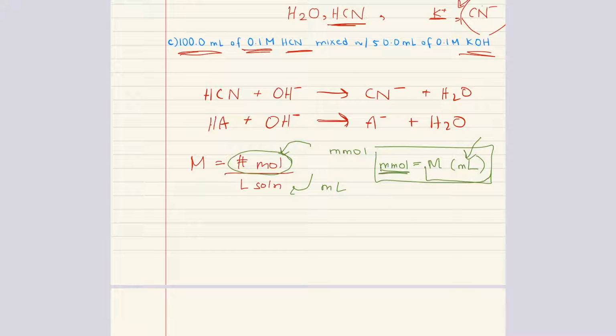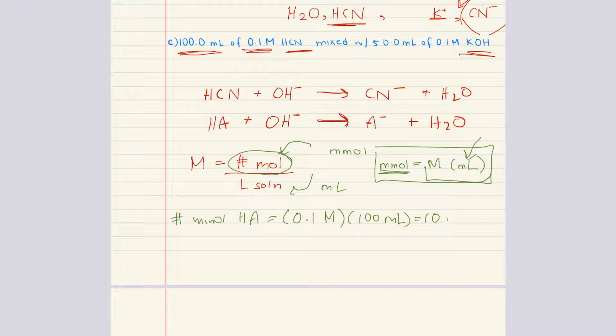Keeping that in mind, let's figure out our initial moles for our weak acid and for our hydroxide ions. So the number of millimoles for our weak acid, hydrogen cyanide, is going to be equal to the molarity, 0.1, multiplied by 100 milliliters, which is our volume.